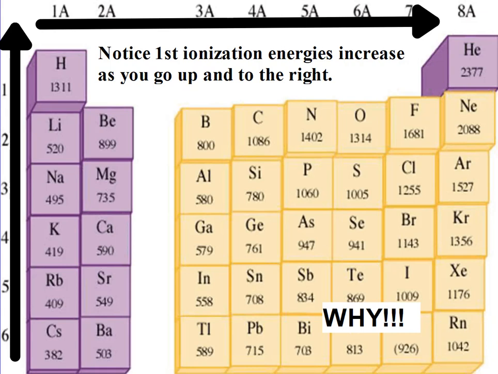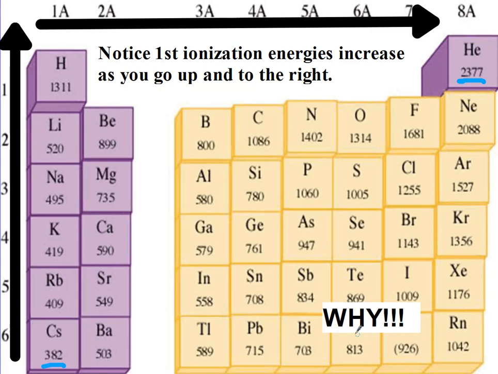So ionization energies increase as we go up and to the right. Notice my cesium is 382 and then helium 2377. There's some exceptions to some of these, but in general, as I go up and to the right, ionization increases.